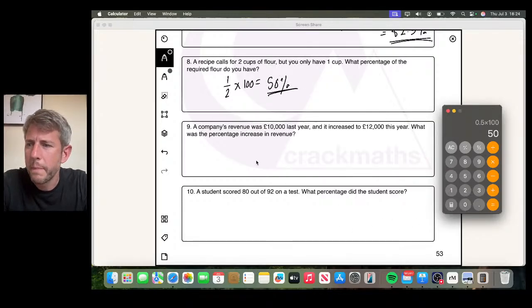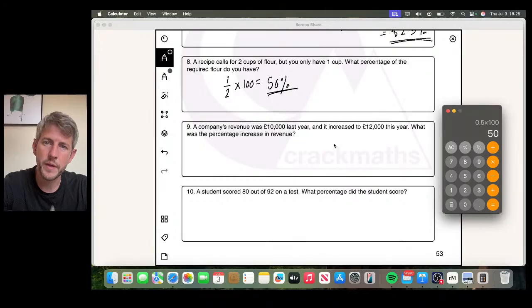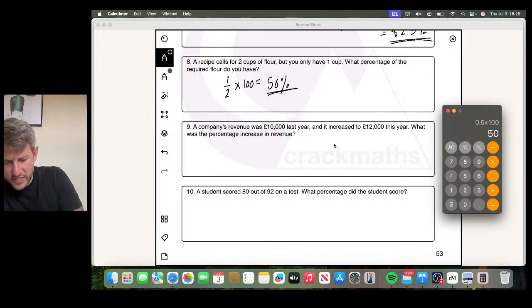Right, question 9. A company's revenue was £10,000 last year, and it increased to £12,000 this year. What was the percentage increase in the revenue? Okay, so the percentage increase is how much it increased out of the amount it increased from. So first of all, we do 12,000 take away 10,000, which equals 2,000.